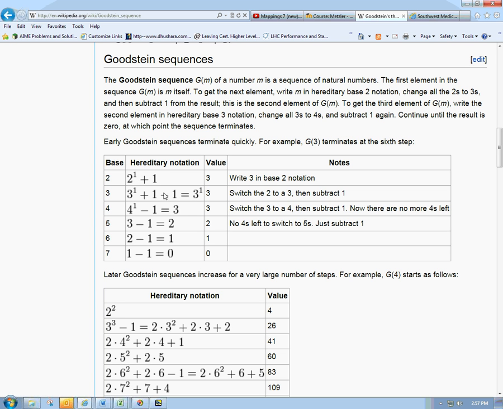Then we switch the base to a 3 and subtract 1. This is going to look pretty familiar. 4, the base goes up to 4. We subtract 1, and that's provoking a crisis. And so we have to rewrite that as a 3. But now that's less than the base, and so we just go 3, 2, 1, 0. That's exactly like the weak idea.